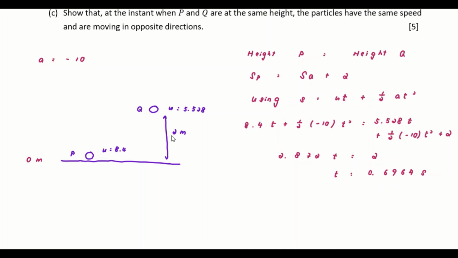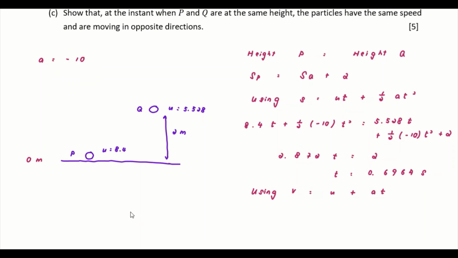When they are at the same height, the particles have the same speed and move in opposite directions. So now we need to find the final velocity when the time is 0.6964. We have U and A, and then we have T, so we can use V equals U plus AT.